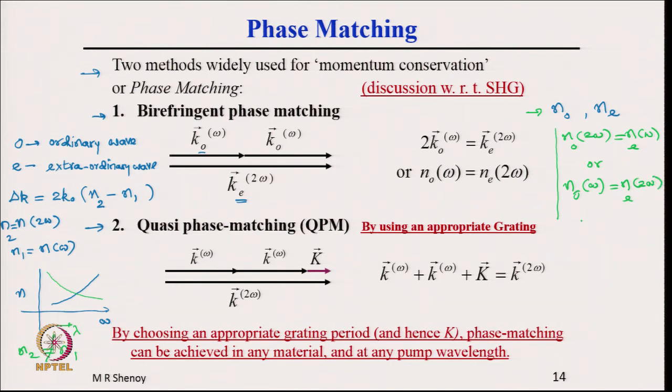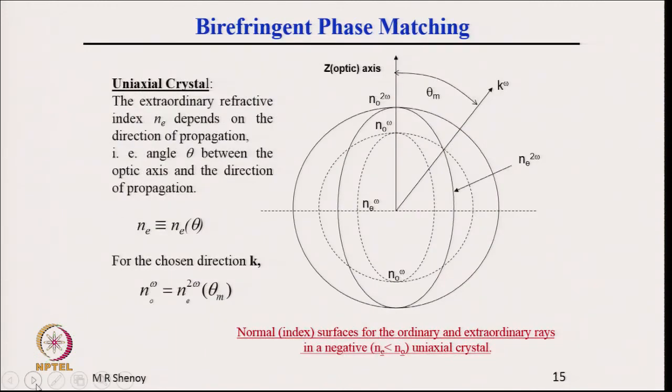This is possible in a uniaxial, birefringent crystal, but it is not always possible at any given frequency. At certain frequencies, or by changing the angle, we can obtain this condition. I want to illustrate this in the next diagram.